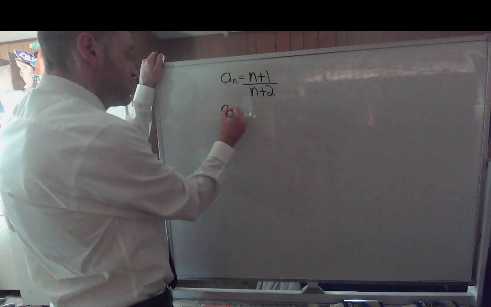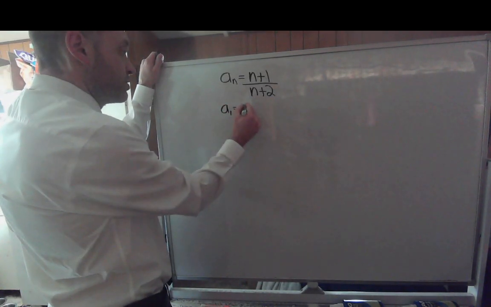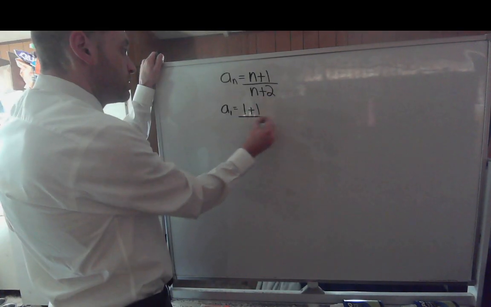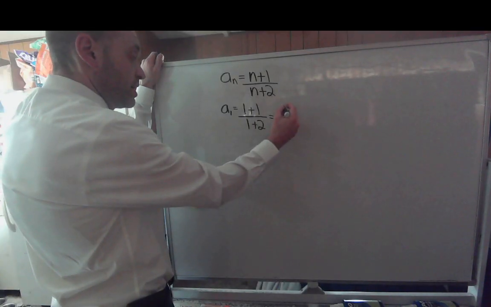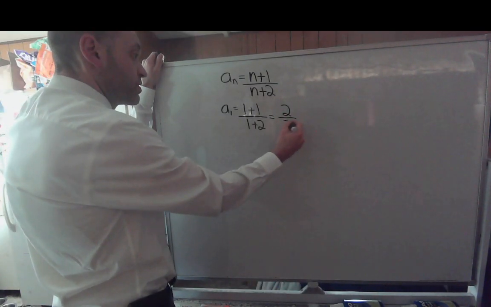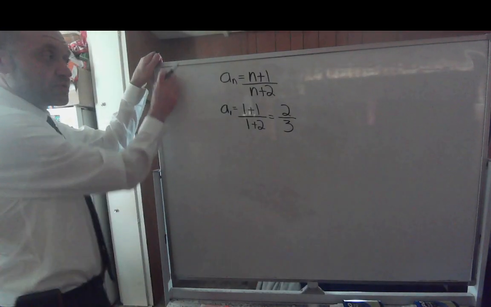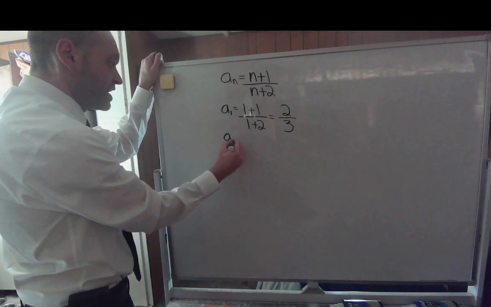So a sub 1 is going to end up equaling 1 plus 1 all over 1 plus 2, which would end up giving me 2/3. So my first term is 2/3. Let's find a sub 2.